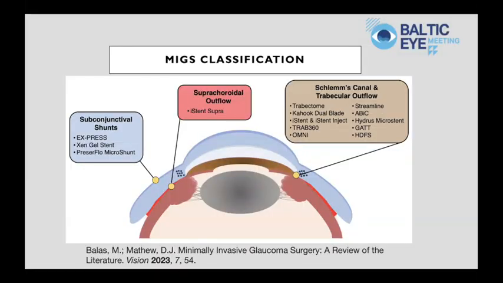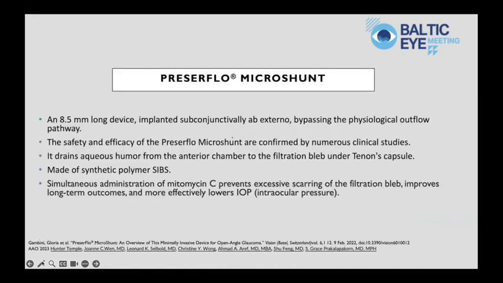Beginning my presentation, I would like to mention the mixed classification, which divides the anti-glaucoma surgeries. Our device, the PreserFlo microshunt, is in the group of subconjunctival shunts. The device is 8.5 millimeters long. It's implanted subconjunctivally, ab externo.